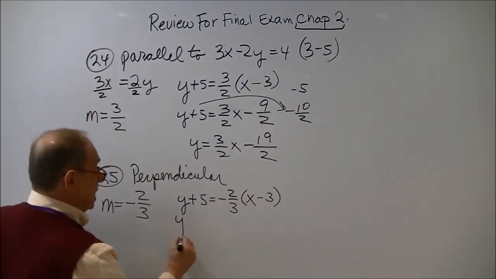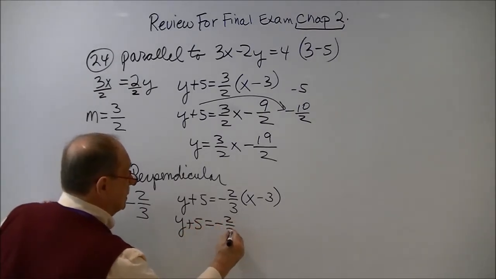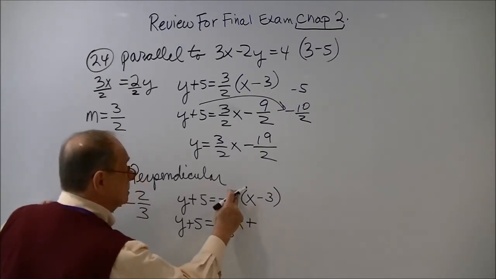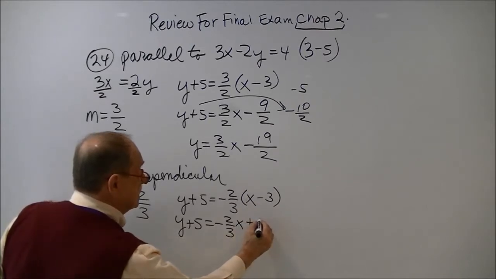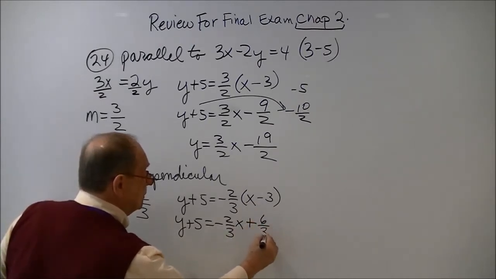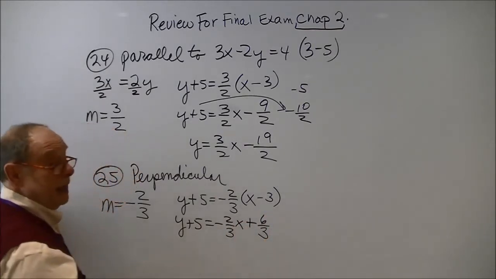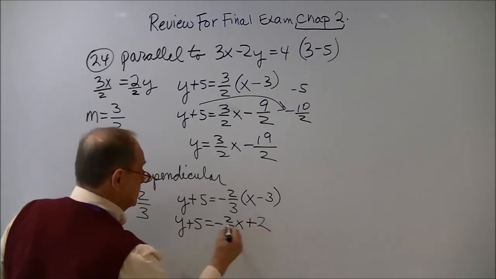We then get y plus 5 equals a negative 2/3 x plus now a 6/3. 6/3 is going to be a 2, that's correct. So let's make that a 2.